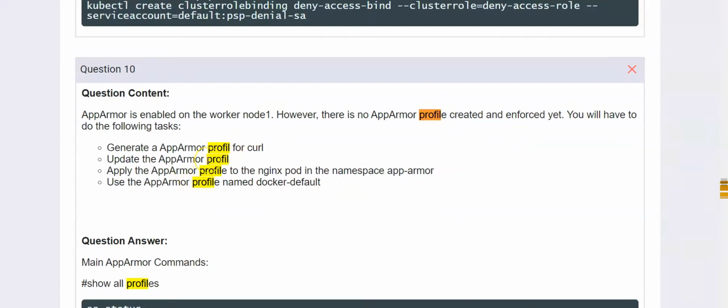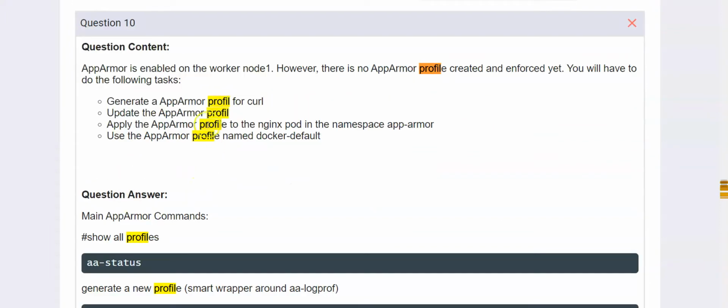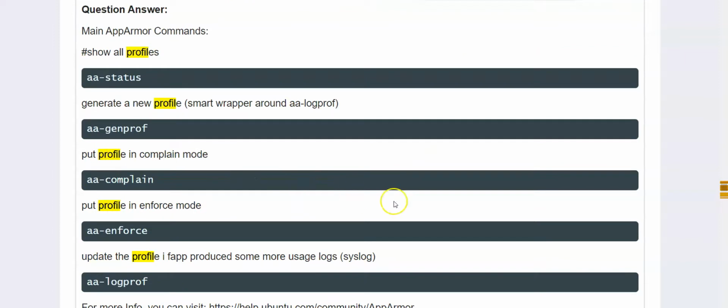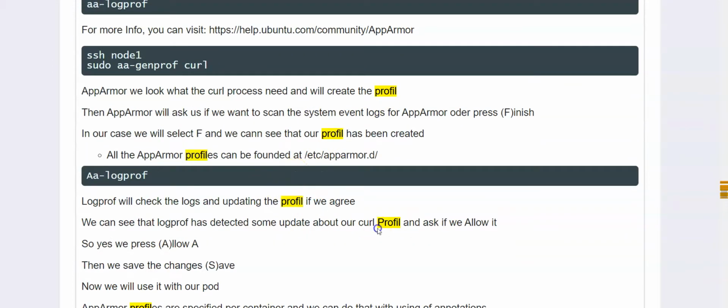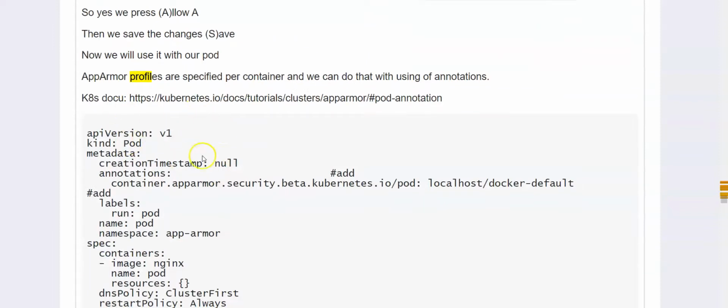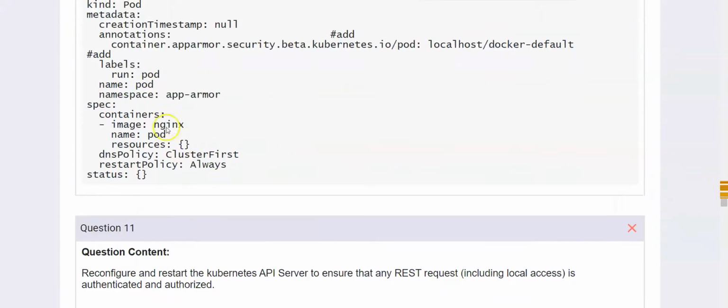If they tell you the name of your AppArmor profile should be "profile", you think that's right because it's bad English, right? So you name it that, but then they evaluate it as "profile", as if it is like Spanish. So you can see these typos all over the place, and they went into the question answers.